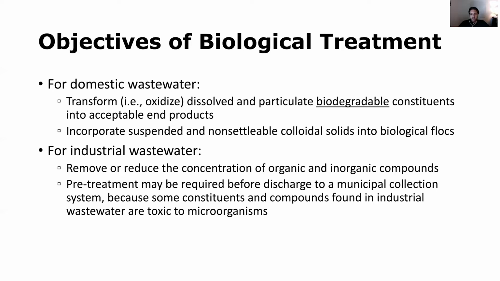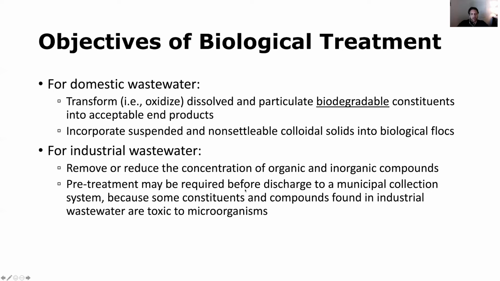For industrial wastewater treatment, the objectives are to remove or reduce the concentration of organic or inorganic contaminants that may be present in the wastewater, and in some cases, pre-treatment, which is applied to the wastewater prior to discharging to a municipal collection system. This will prevent any organic or inorganic compounds that may be toxic to the centralized wastewater treatment processes from inhibiting the treatment processes downstream.